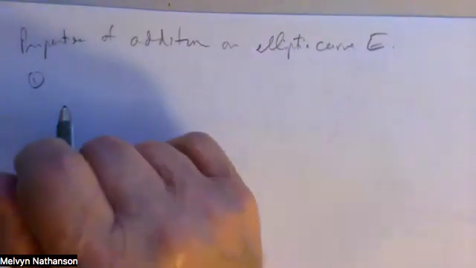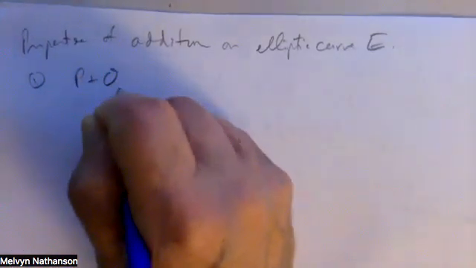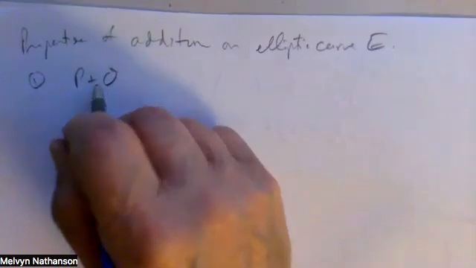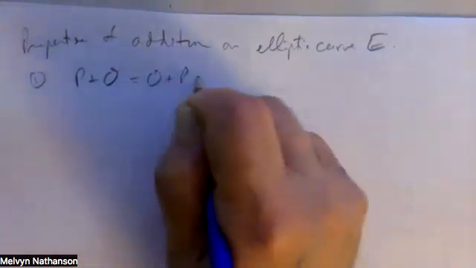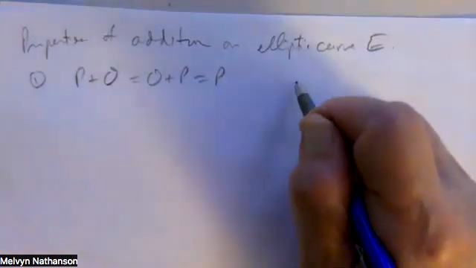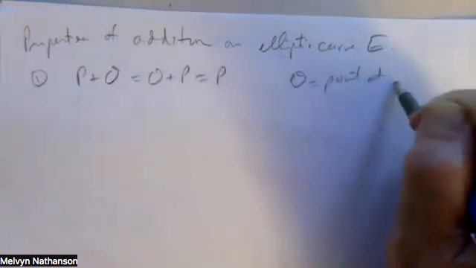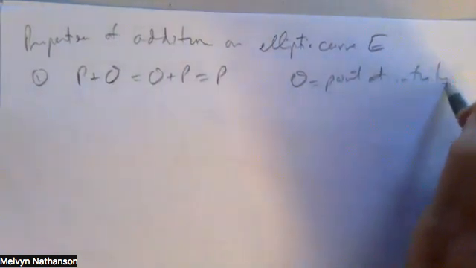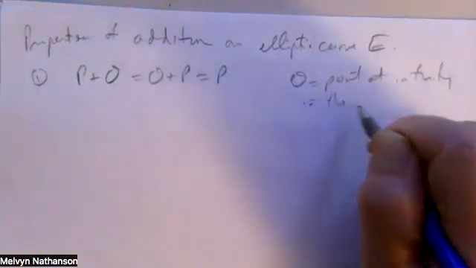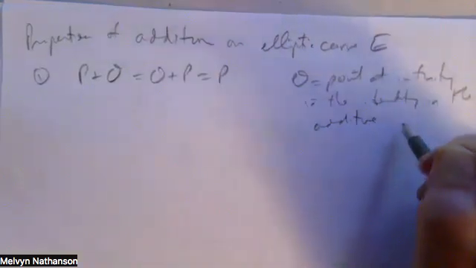First of all, we have this point at infinity, O, and if you add the point at infinity to P, P plus O, or O plus P, that's always equal to P. So this point at infinity, that's just what we call it. So it's nothing mystical. It's the identity in the additive abelian group that we're studying.